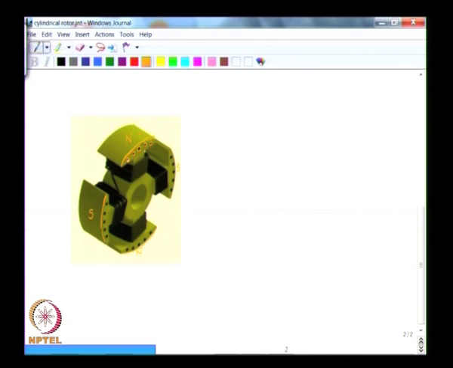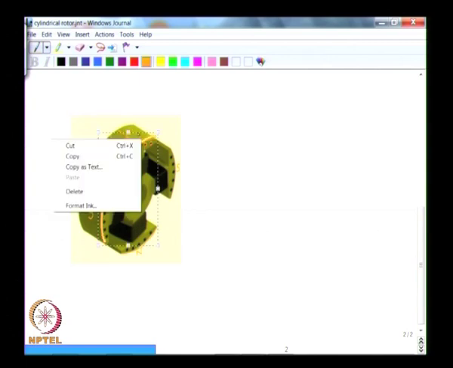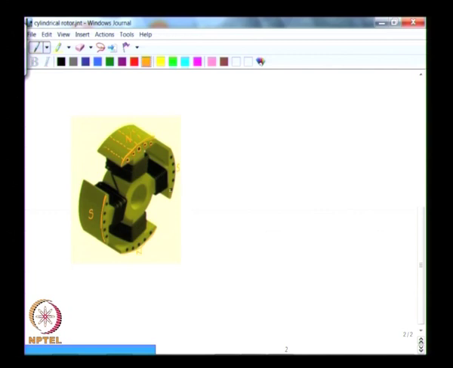So in this there are round holes that are provided. These holes run through the pole along the length of the machine. So along these dotted lines inside, this hole runs through the pole. Similarly, on each pole these holes have been provided.